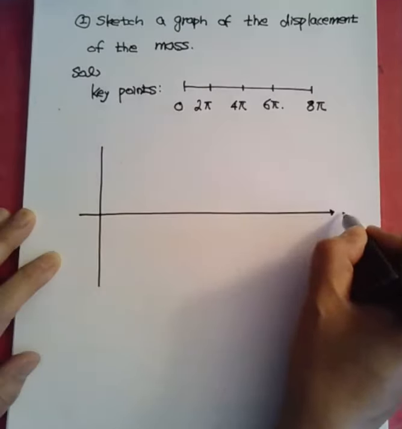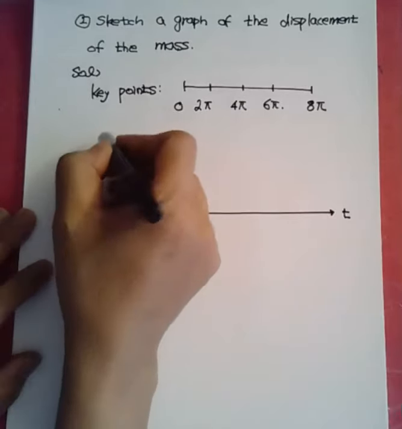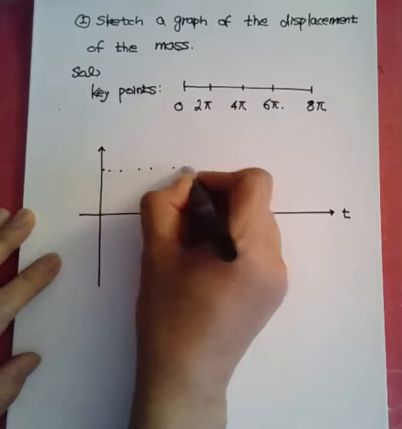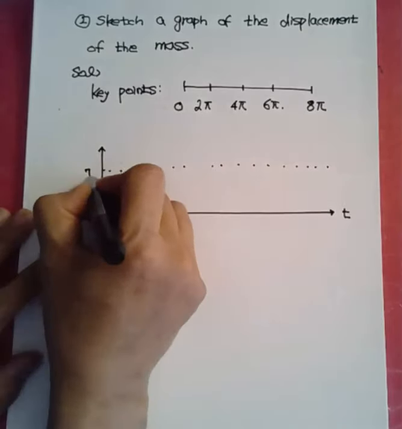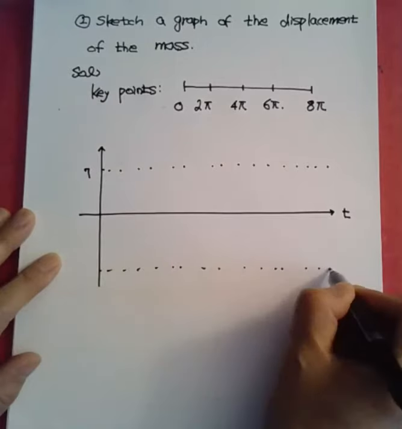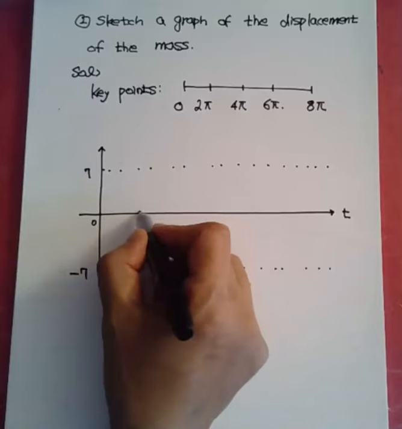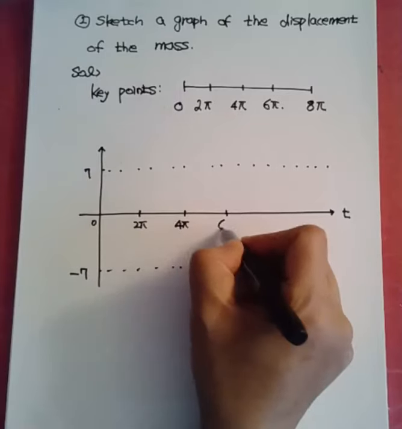The x-axis is time and y-axis is the displacement. The maximum was 7 because the amplitude was 7 and minimum is -7. So every 2 pi there are important turning points, benchmarks.